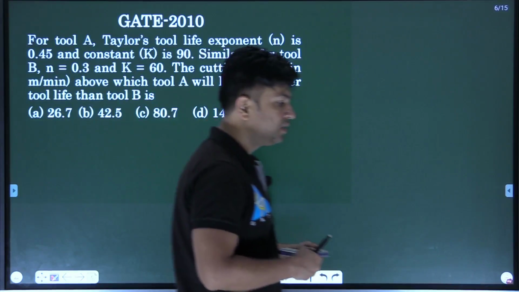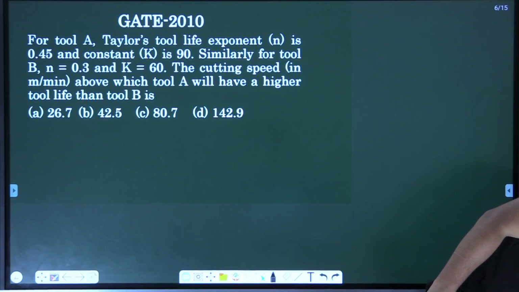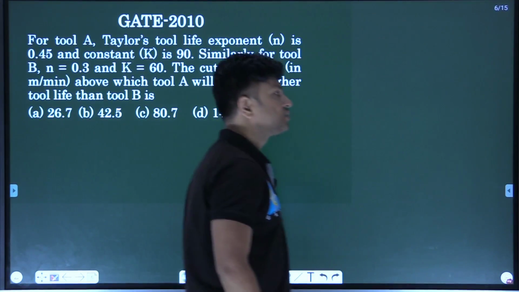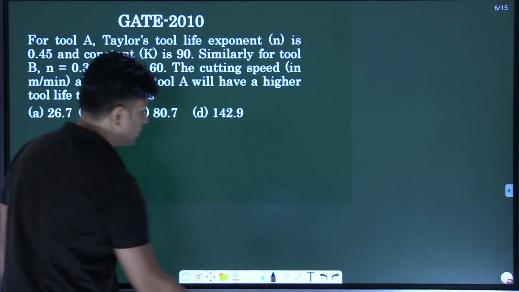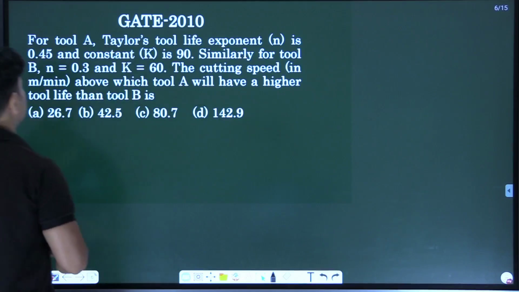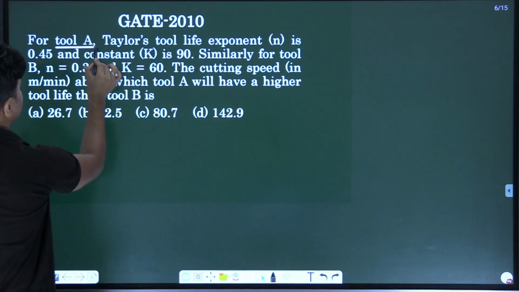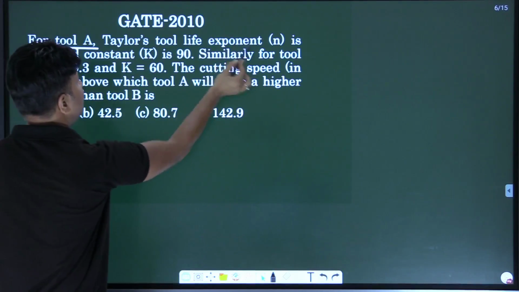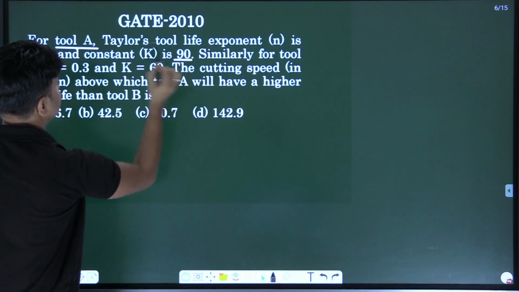Now, let us see another question. What is the question basically? Please see the question carefully, because this question was asked 2 times in GATE and it will repeat again and again. There is a tool A whose tool life exponent N is given as 0.45 and constant is 90.